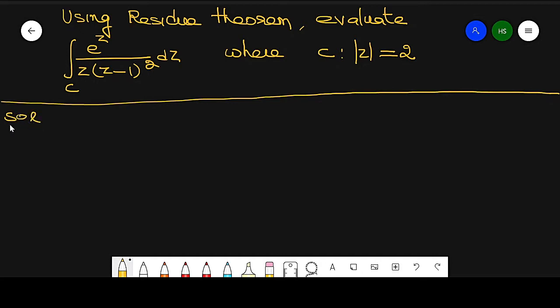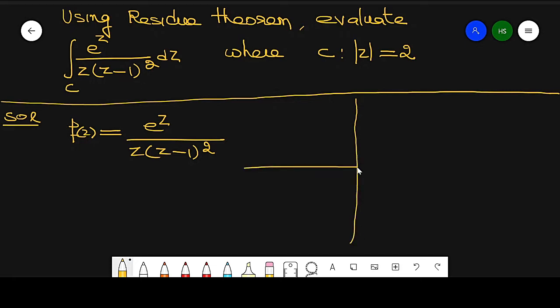Solution. So what is the function f(z)? It is e raised to power z over z into (z minus 1) raised to power 2. Now after that, what is the contour C? Suppose this is the origin, and this is a circle C with radius 2.